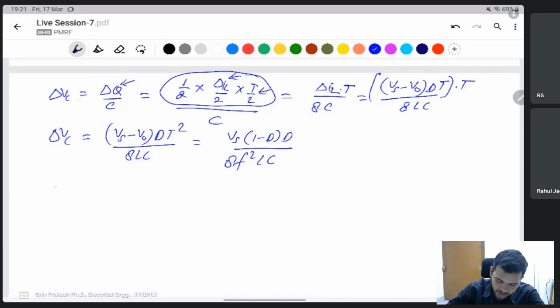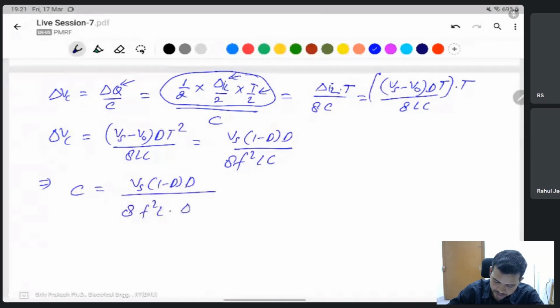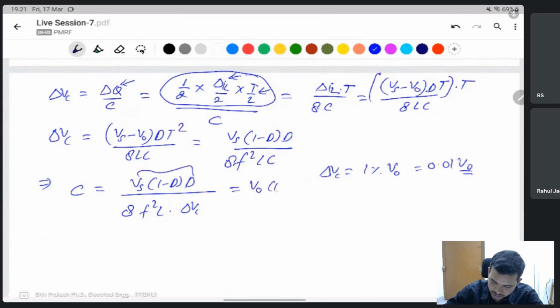If you want to calculate the capacitor, you can write it as C equals (1 minus D) D divided by 8 f squared L times delta Vc over Vs. Delta Vc is given as 1% of the output voltage V0, so 0.01 V0, and D Vs is V0 in the buck converter.